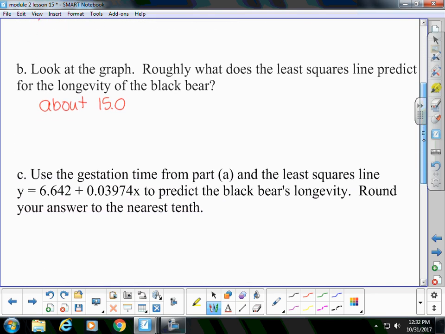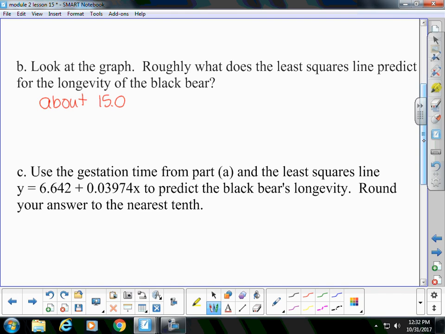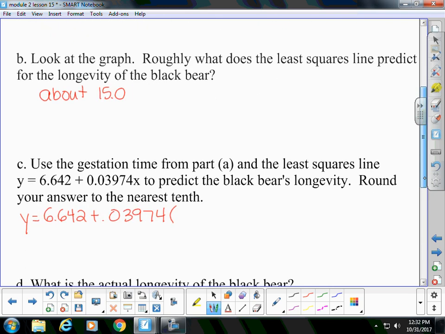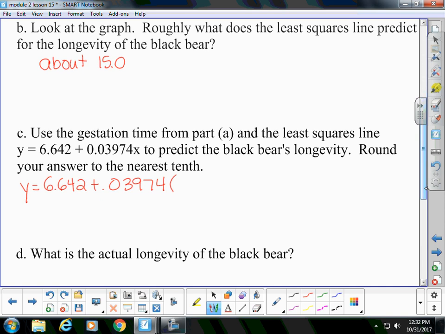Okay, now the next question says use the gestation time from part A and the least squares line and plug it in. So we're going to find out more exactly what that answer is. So 6.642 plus 0.03974, and we're going to plug in the 219. I'm saying about 15.